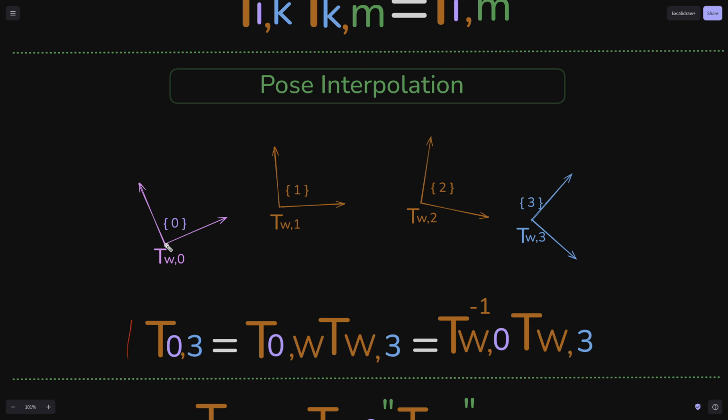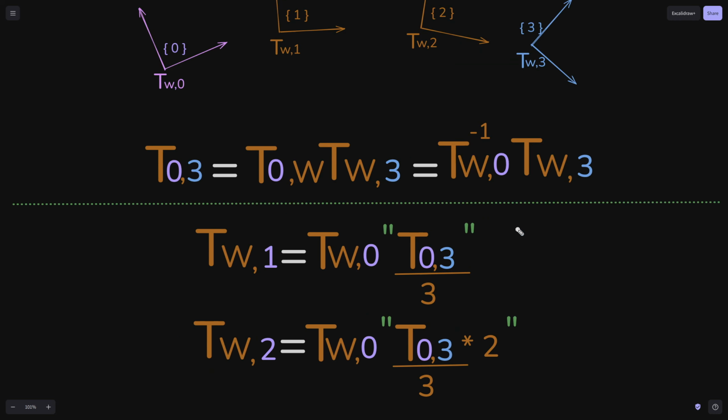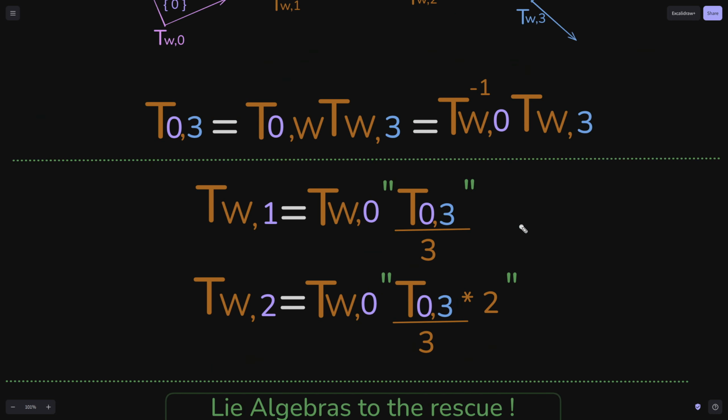This is the whole transformation from here to here. So we need to take a chunk, as I said, right? So how do we take a chunk? This is the idea. We would like to take 1/3 of it or 2/3 of it, but we cannot. In this transformation, we cannot take the 4x4 projective representation of SE3 and just divide it by 3, because what we would do is go outside the manifold.